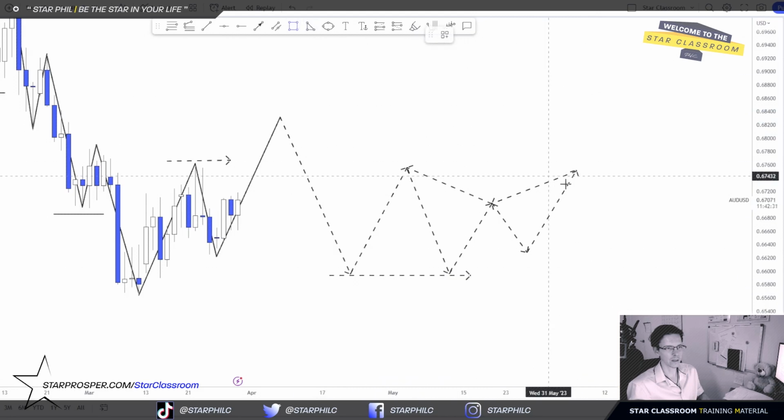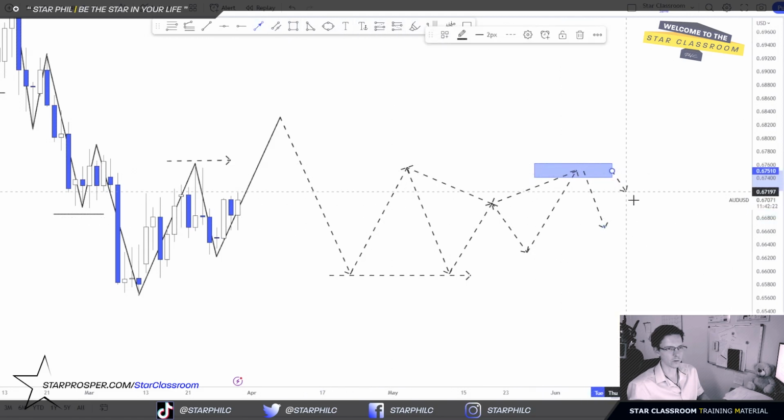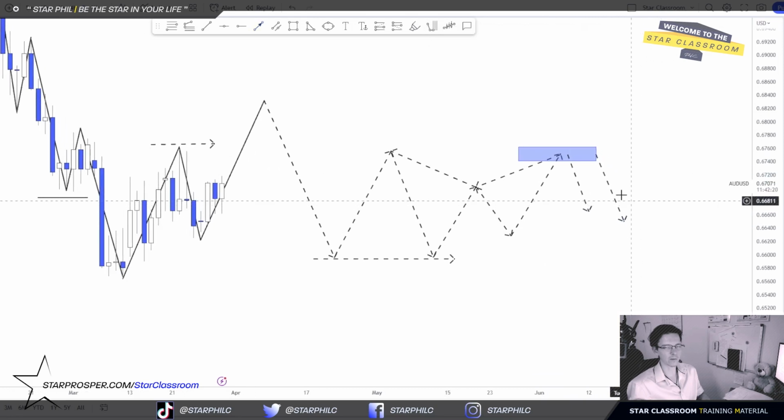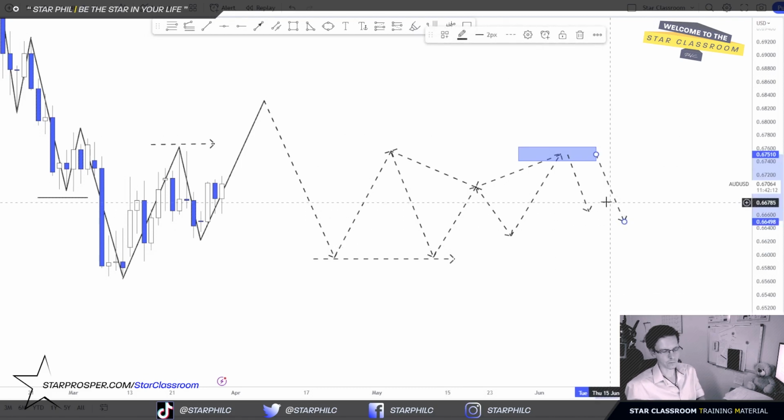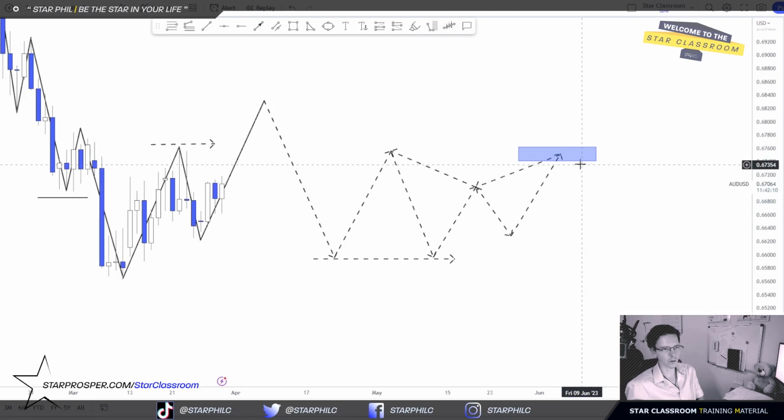If we get pattern setups at this level, I'm looking to sell. That's what everyone sees me do every single day in the live markets. Every time patterns set up, I take the trade because my trade plan told me to do so.